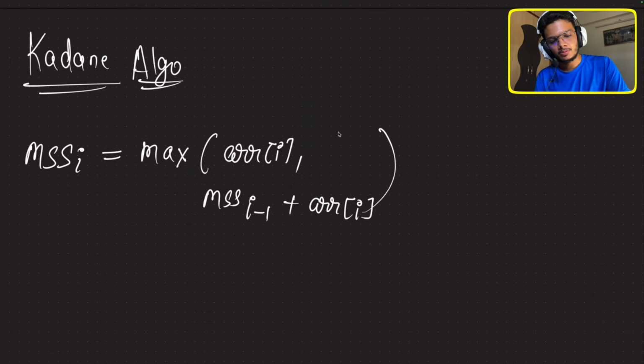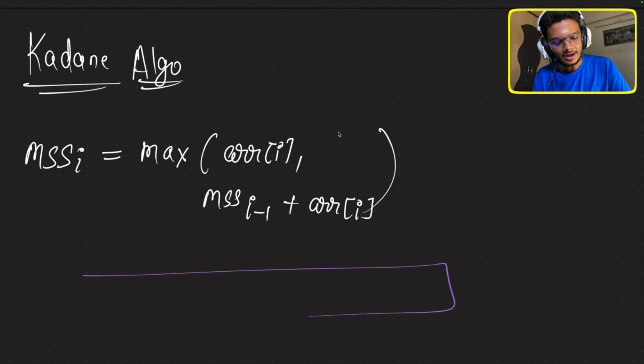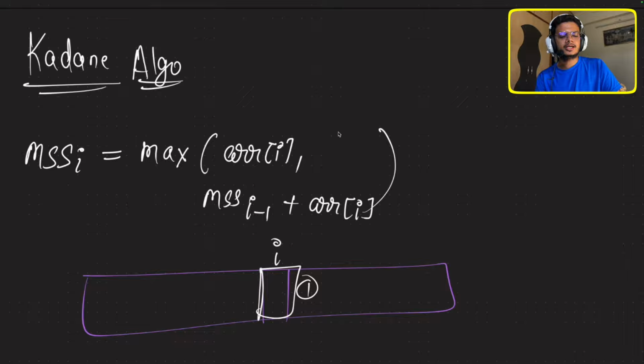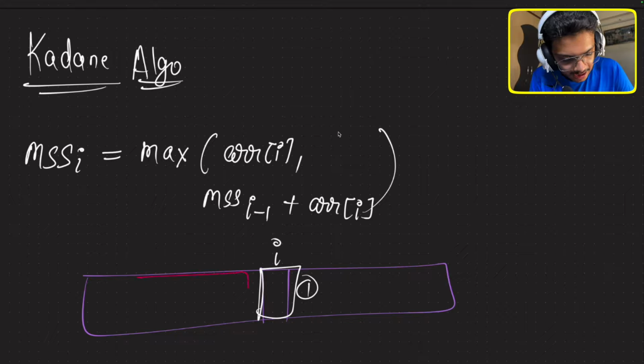In other words, if you have, let's say, this array, and you are here, you want to find the maximum subarray sum ending at this index, you have only two options to consider. Either this guy alone, which yields a subarray sum of arr[i], or to the subarray which yields the maximum sum ending at index i minus 1, you append this guy.